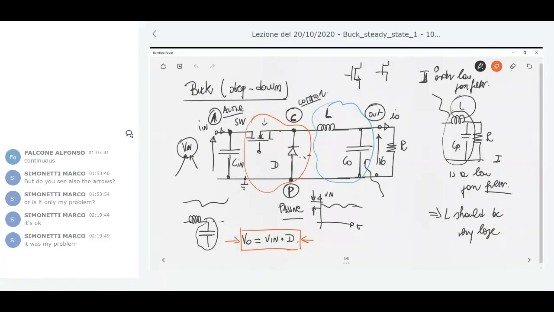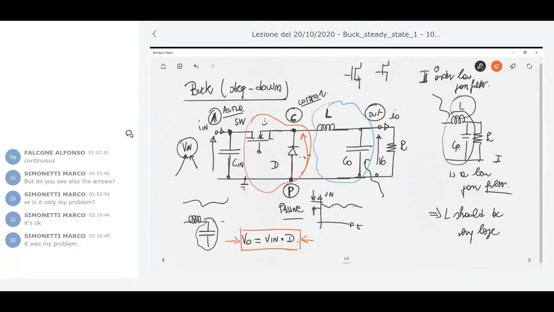Now just focus on this switch network without understanding why the diode will be on and off, which will be explained in the next slide. Suppose that the switch is on and the diode is off. The voltage at the node C versus P is the voltage V in. When you have the second operation mode, switch off and diode on, the voltage here is zero.